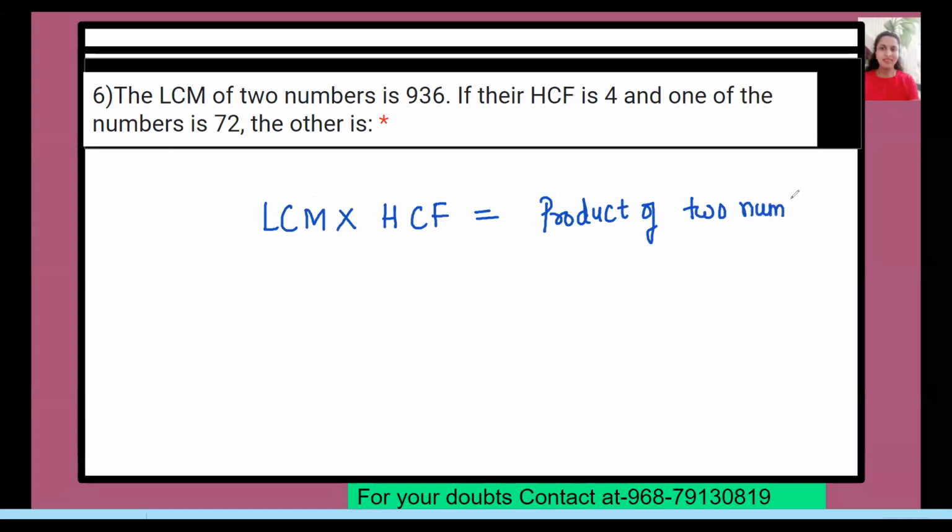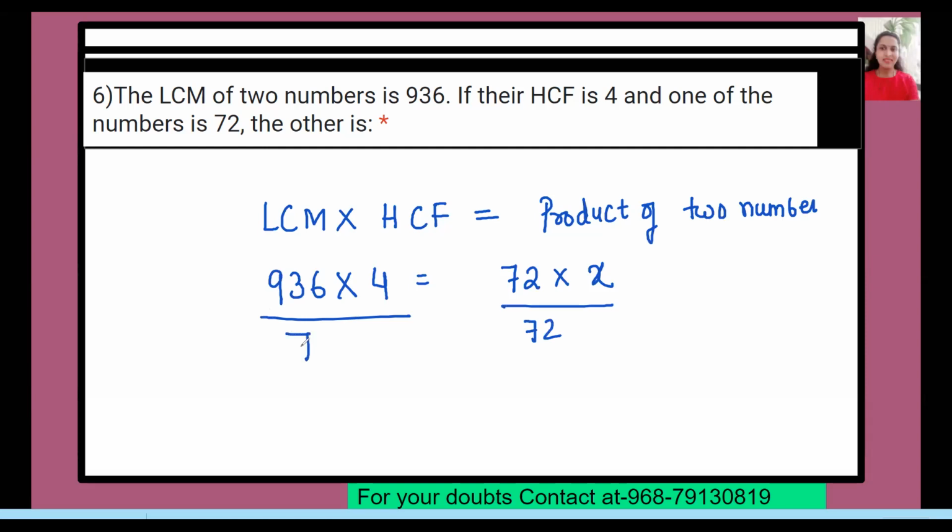That means here LCM is given as 936, HCF is given as 4, and if one of the numbers is 72, we can find the number x by dividing by 72 on both sides. So 936 divided by 18, divided by 9, so 104, and here 2, so x will be 52, and that will be our other number.